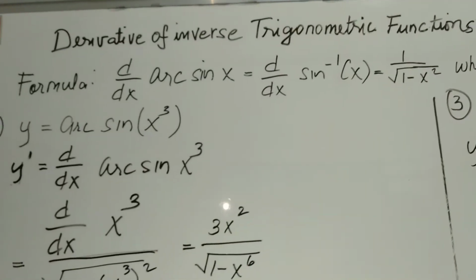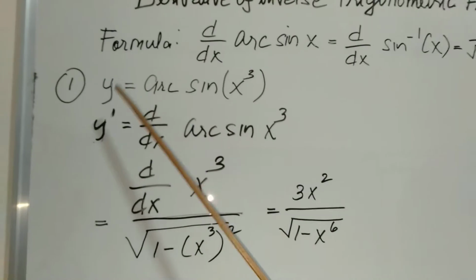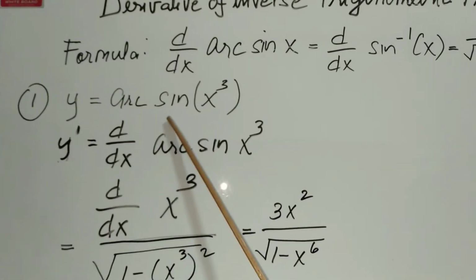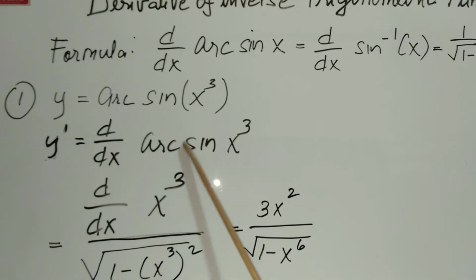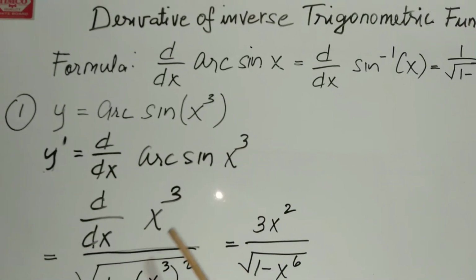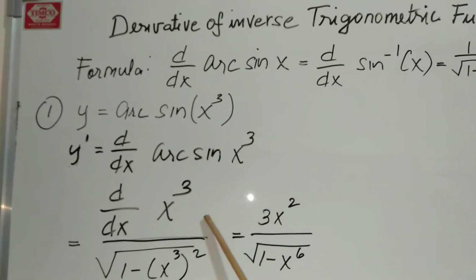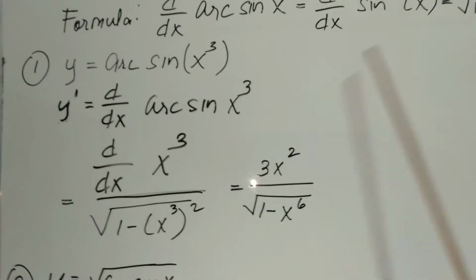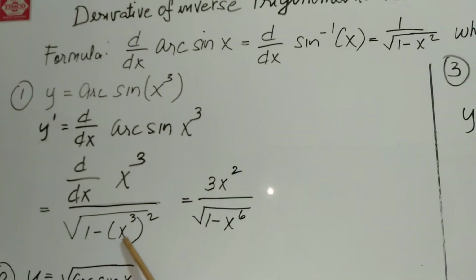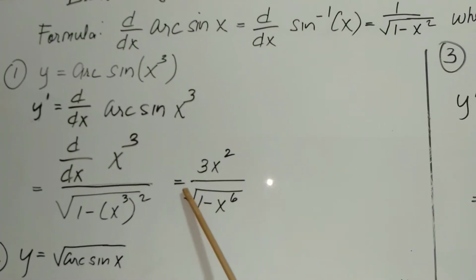For the first problem, we have three problems today. For the first one, y is equal to arcsine x cubed. So y prime is the derivative of arcsine x cubed, which is the derivative of x cubed over the square root of 1 minus, applying this formula, 1 minus quantity x cubed squared.